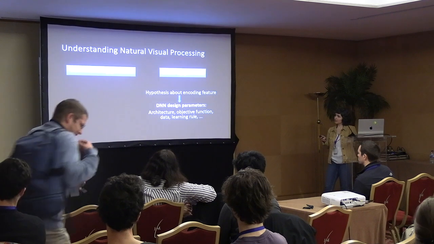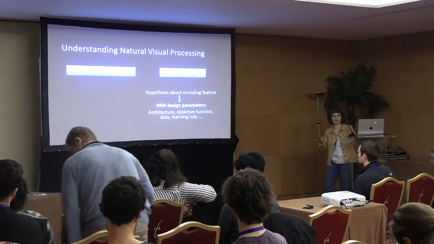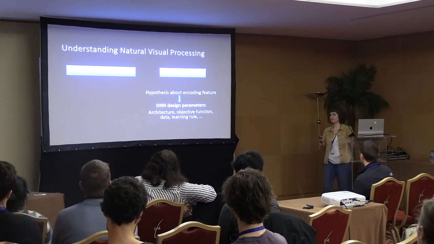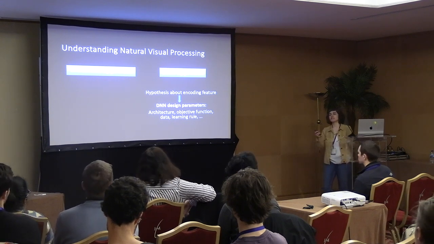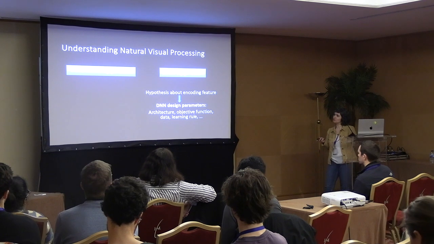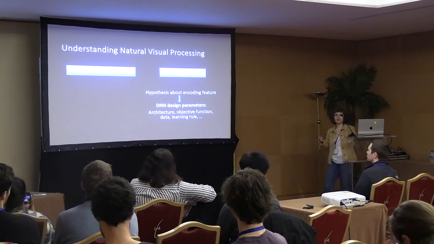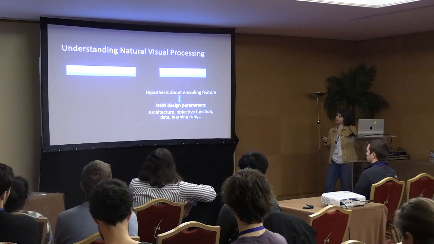And so what happened to our hypothesis? Now our hypotheses go to the deep net design parameters: what architecture we choose, what objective function, what data domain to train the model on, what learning rule.